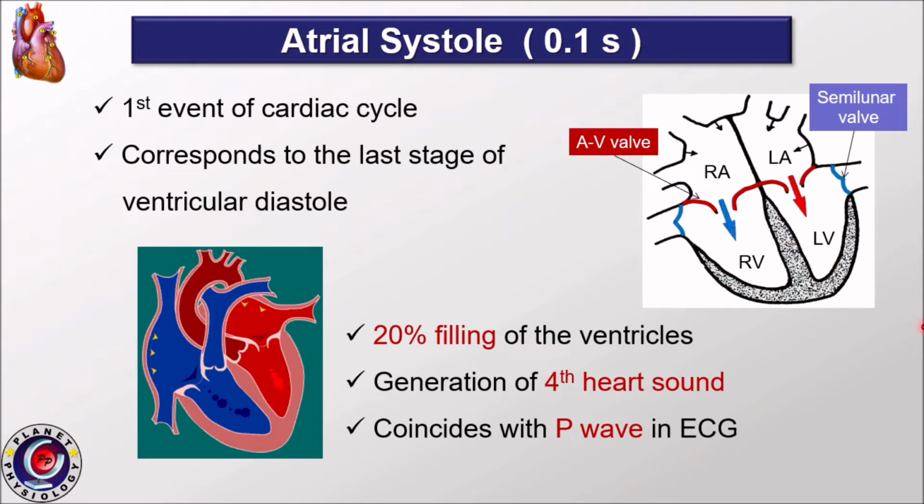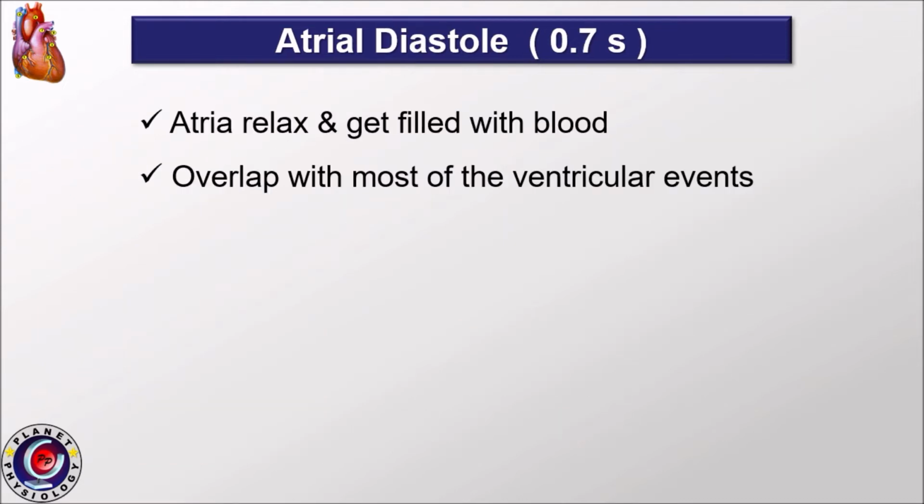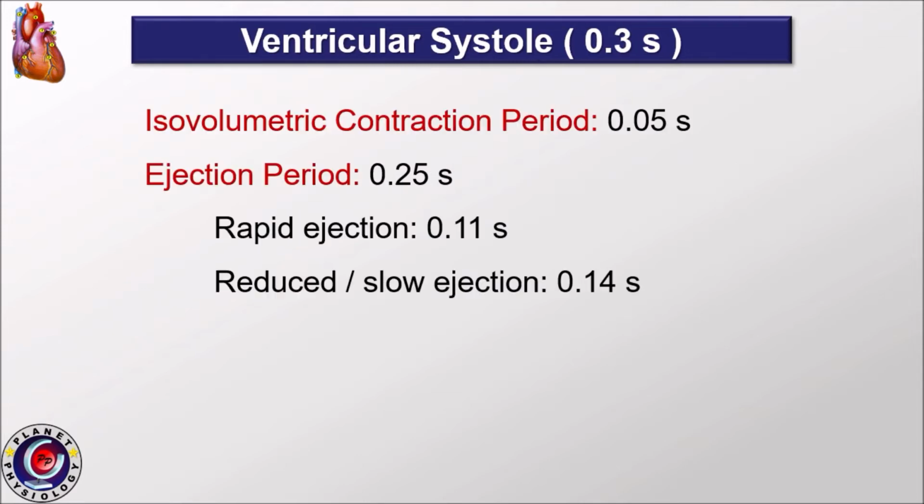So once atrial systole is over, atria begin to relax and fill with blood, and this phase overlaps with most of the ventricular events. So we will move on to the ventricular events. The first ventricular event is ventricular systole, lasting for 0.3 seconds. It is further subdivided into isovolumetric contraction phase and ejection phase.